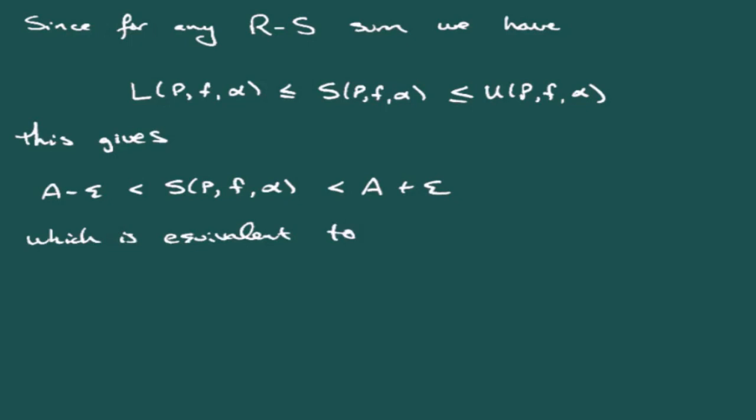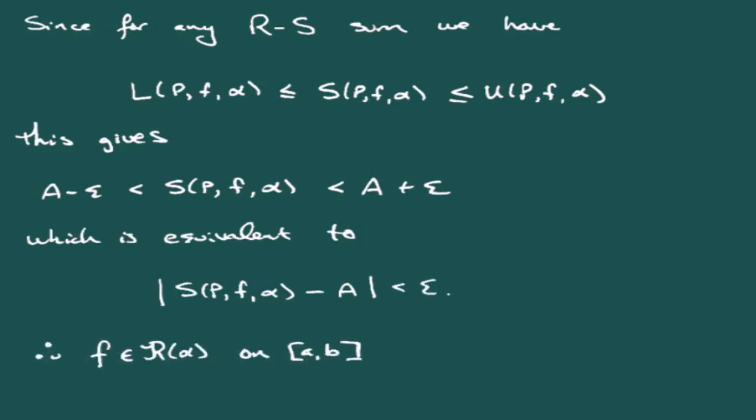And so that shows that f is going to be Riemann Stieltjes integrable with respect to alpha on our closed interval [a,b], thereby completing our circle, and so showing that all of our conditions are equivalent.